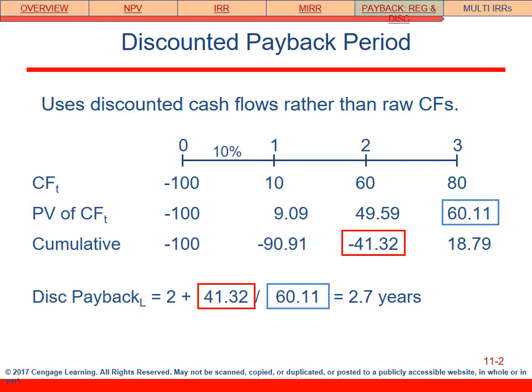That's the cash flow, the present value of the cash flow in year 3. So our discounted payback for project L is 2.7 years. I'm sure that you can find the discounted payback for project S, again using the 10% weighted average cost of capital.